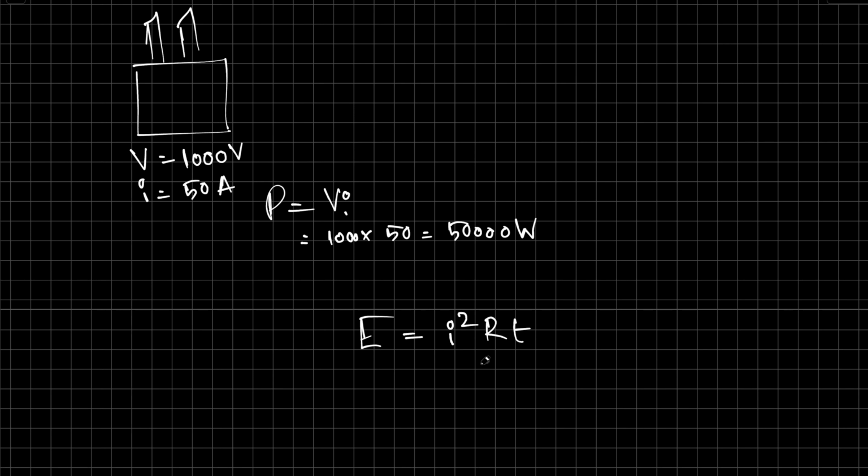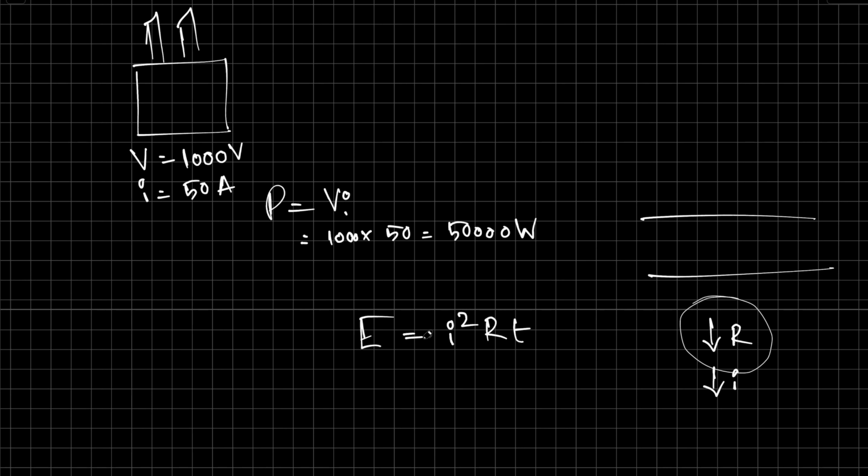You can't really change the time. So to decrease the energy loss, you can lower the resistance or lower the current. Lowering the resistance is a bit difficult. You need really thick wires, so it's not cost effective.